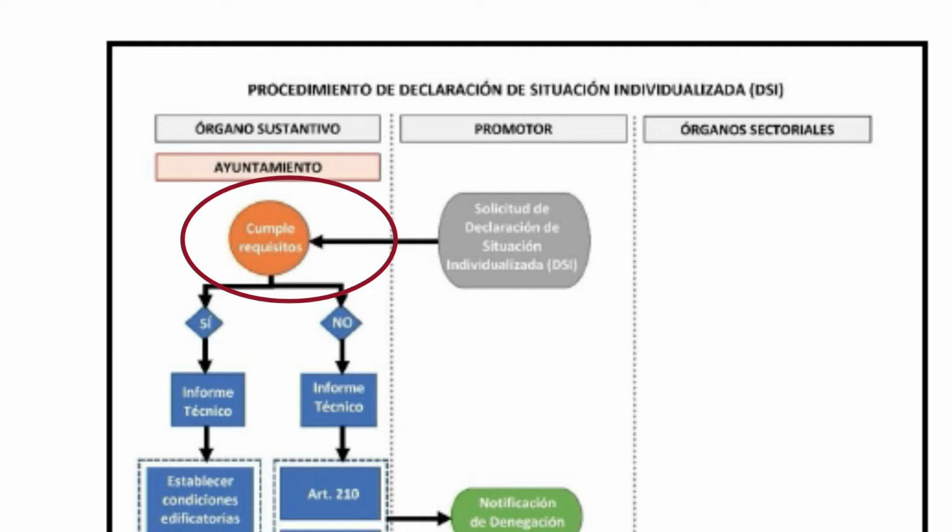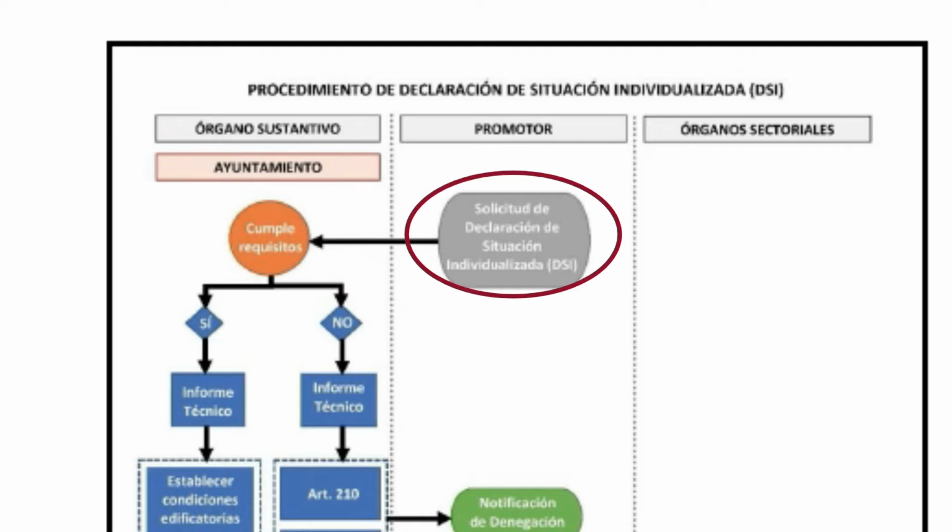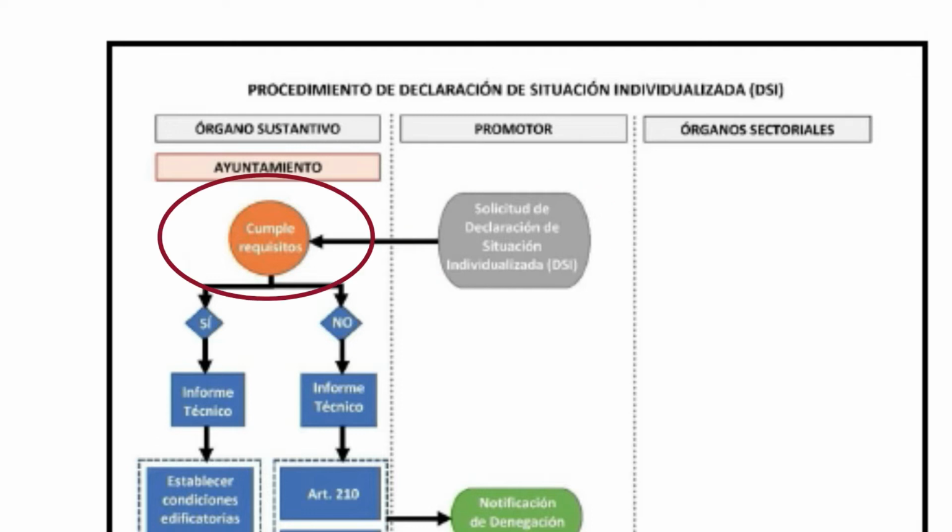So from the promotor, the column in the middle, the first bubble they have there is requesting a declaration, and then it goes to the orange bubble, which says that it meets the requirements, and there's a yes flow, and there's a no flow. And we're going to follow the yes flow first.